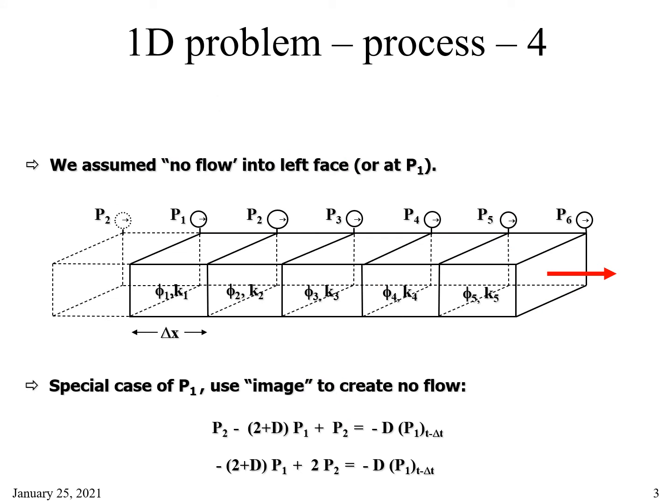So artificially create one point here, which is a mirror image of this. So the flow in this direction will be balanced by the flow in this direction, and this pressure will be P2, just like this. And automatically P1 will be a no-flow boundary. So that's the concept known as the use of image, the pressure image, to create a no-flow boundary.